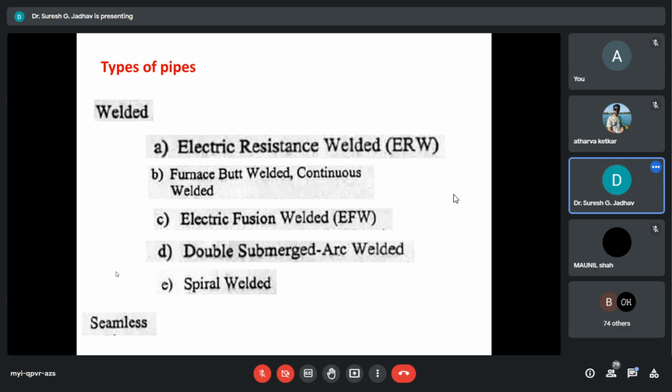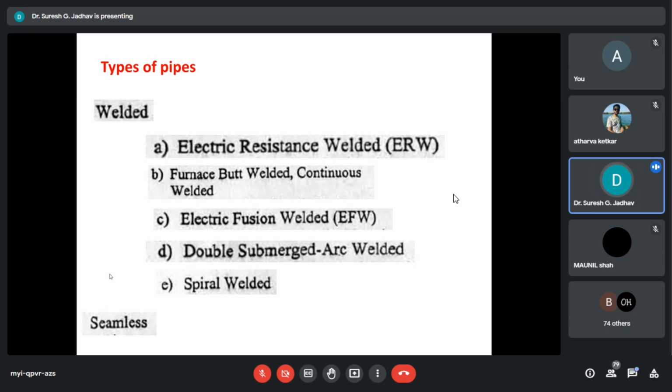Pressure is not used and filler material is obtained from the electrodes. So these are the welded pipe manufacturing methods.